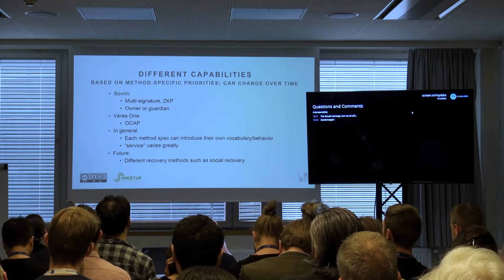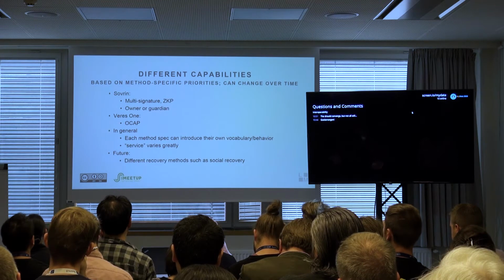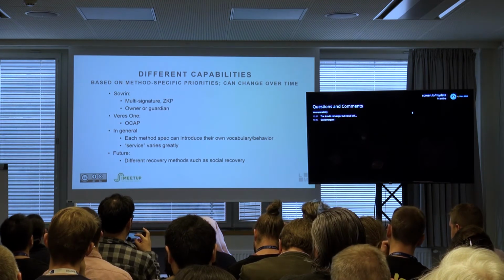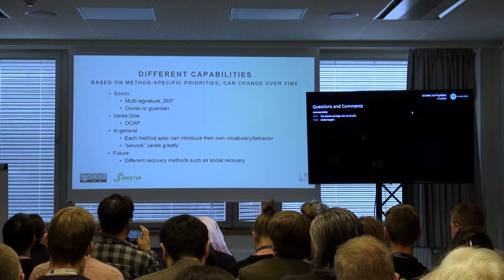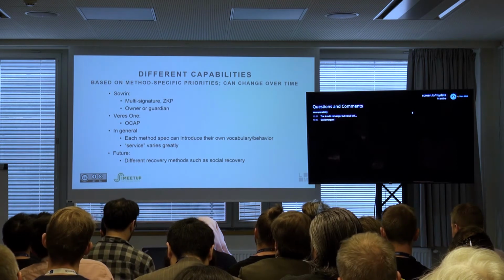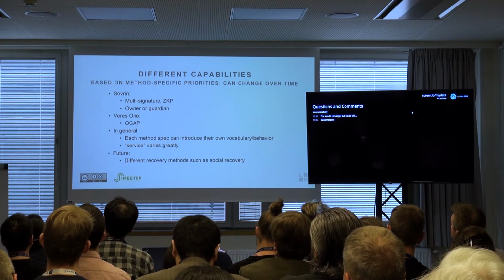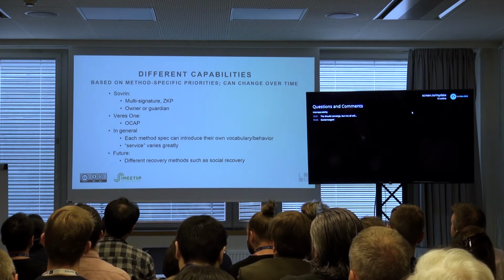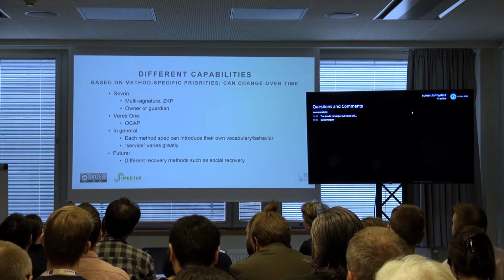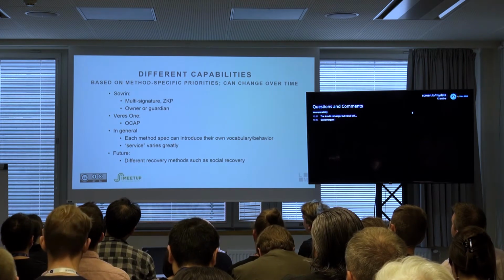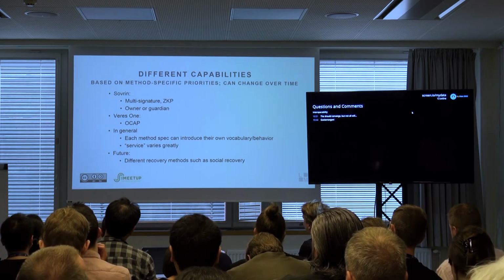Verus One is innovating technically in OCAP, or object capabilities. I'm really excited to see where they're going with it, because I think it'll heavily inform the next steps of the spec. In general, each method spec can introduce their own vocabulary and behavior.